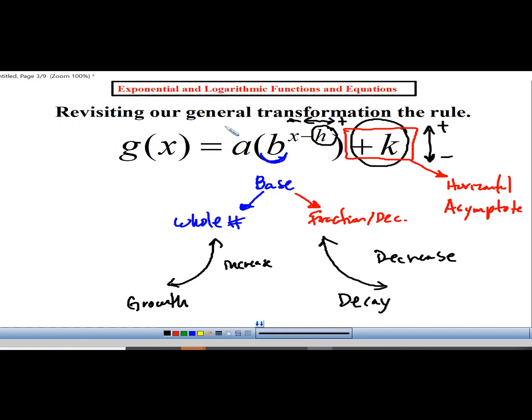And last but not least, what did we say a does? Well, if it's a whole number, it stretches. And if it's a fraction or a decimal, it compresses vertically. Does that make sense? Yes?